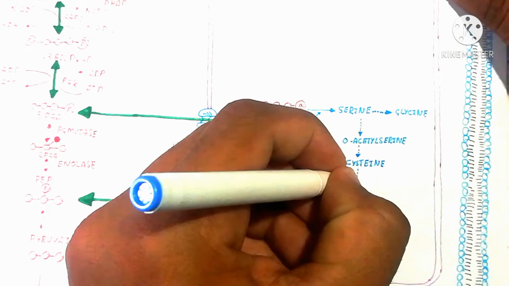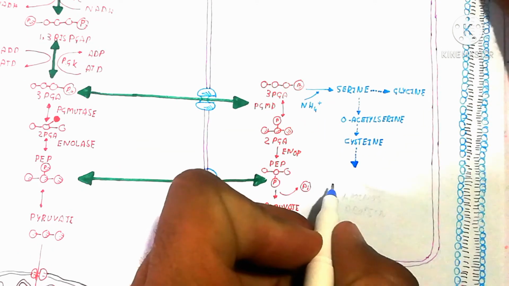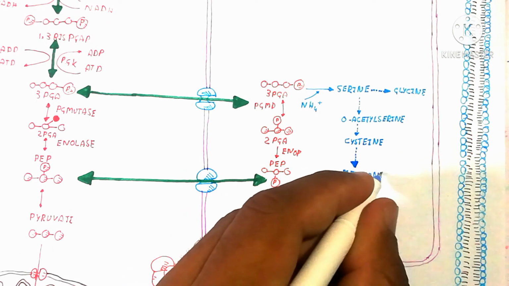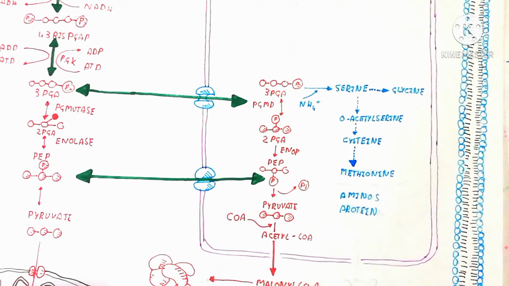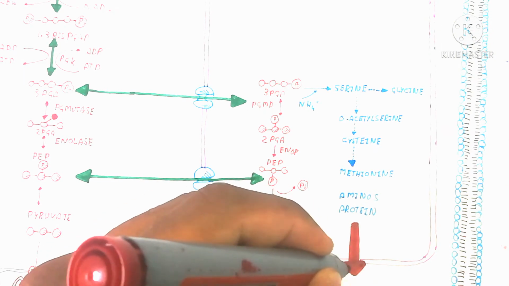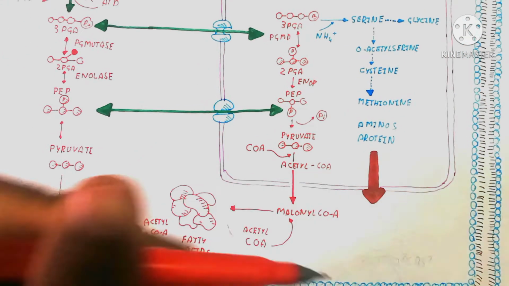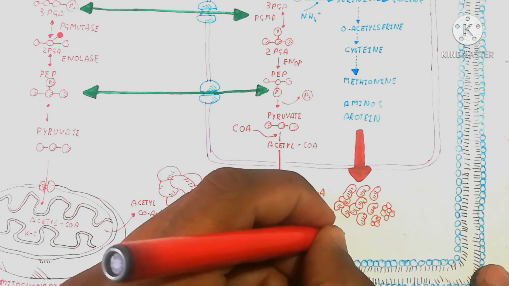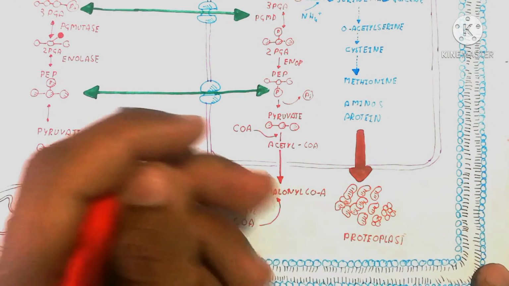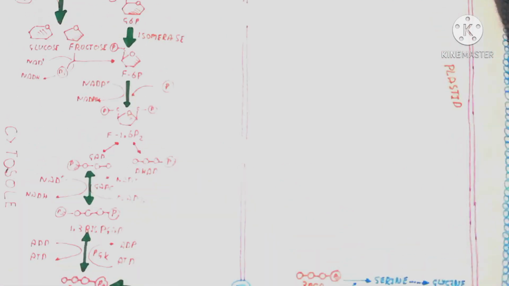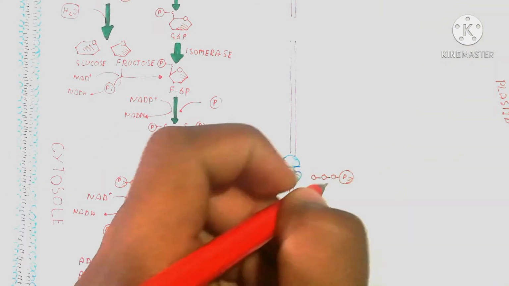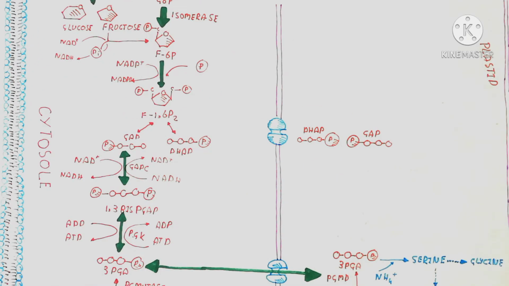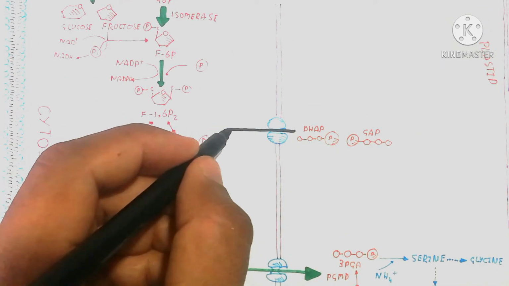These 3-PGA will be used, by adding ammonium ion, to produce serine, glycine, acetyl serine, cysteine, and methionine. These are amino acids, and they are transported into the plastid. We will talk about the proteoplast, which stores protein reserves in the seed through this chemical reaction from 3-PGA by fixation of ammonium ion.